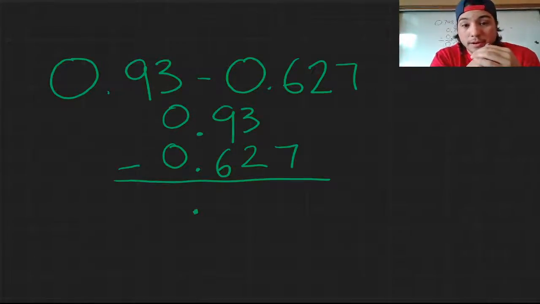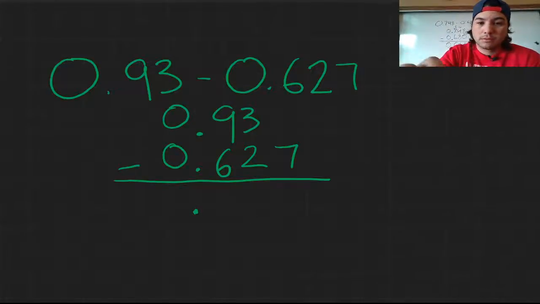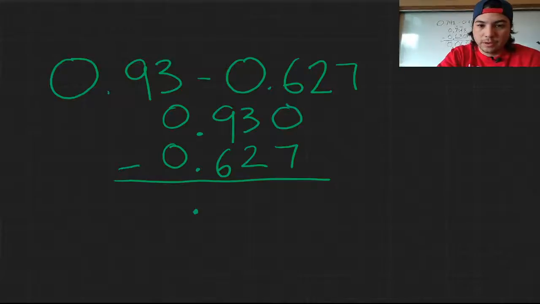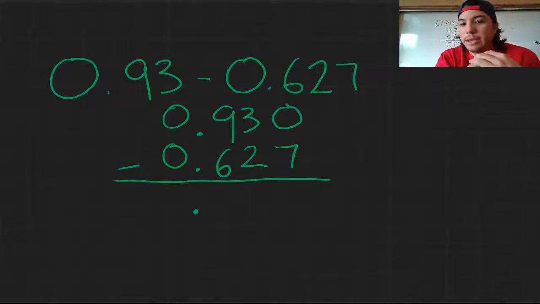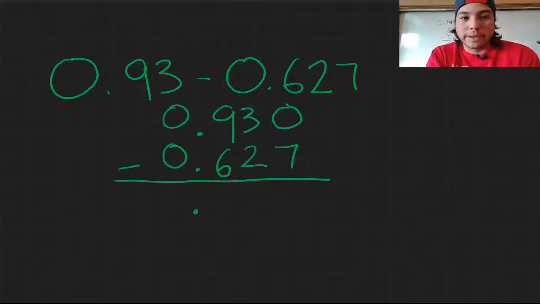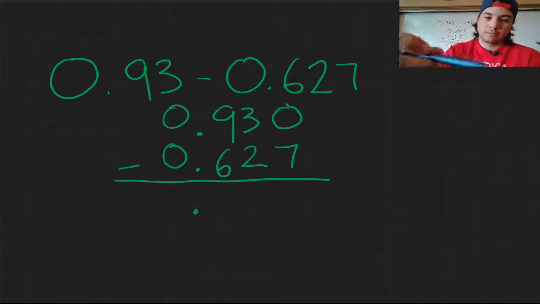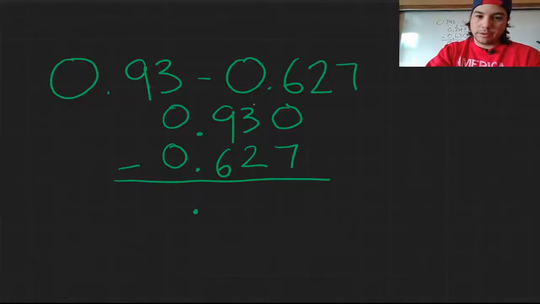Okay, and you'll notice there's an empty spot in the thousandths. So make sure you've got a 0 there to really make it clear that it's not a matter of 93 minus 627, it's 930 thousandths. Essentially adding that 0 is your way of making a common denominator if you think about it in a fractions context. Okay, so we're going to have to regroup.